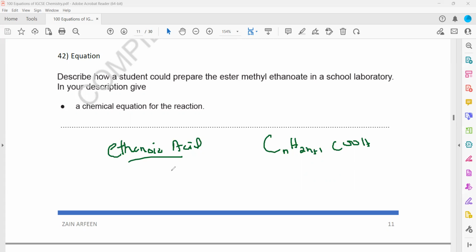Eth means 2, so what should be the value of n here? Because the COOH carbon is already there, the value of n should be 1. So we need one more carbon. That's why it will be C1 and H: 2 multiplied by 1 is 2, plus 1, 3. So CH3COOH. That will be ethanoic acid.